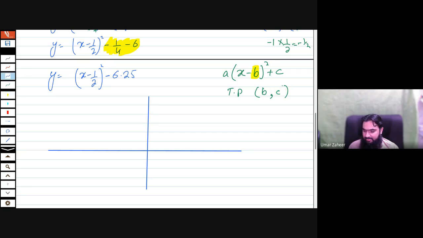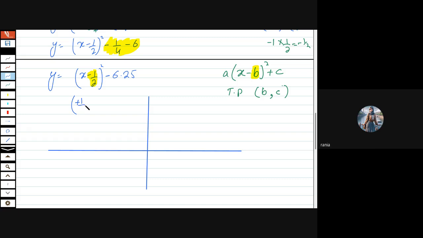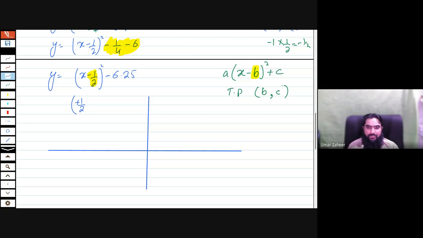So look here. Here the constant value is -1/2. We'll change its sign, so it becomes positive 1/2, because it was negative 1/2. For example, if you get a positive 1/2 here, we will take negative.